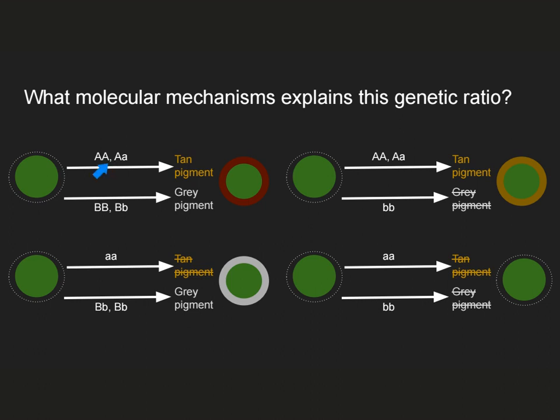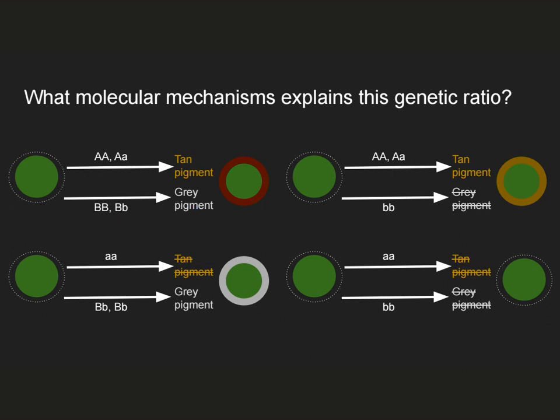Now, in this case, we are seeing that big A is completely dominant to little a. That is, if you have at least one functioning copy of the big A allele, you can produce this tan pigment. Also, big B is completely dominant to little b. If you have at least one copy of the big B allele, you can create the gray pigment.